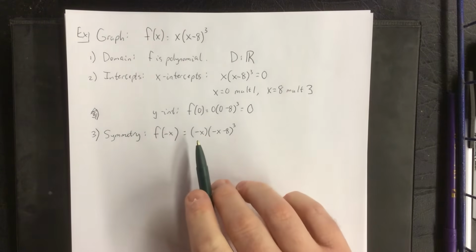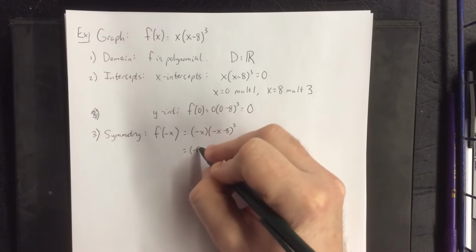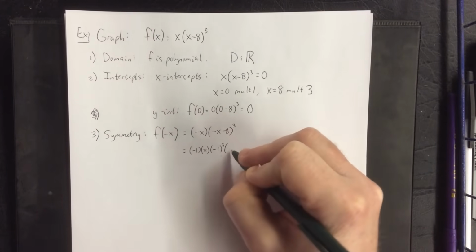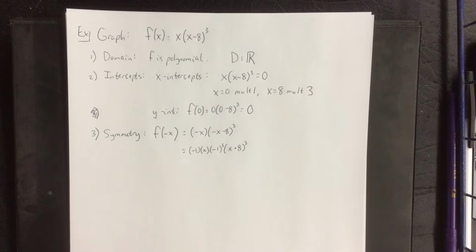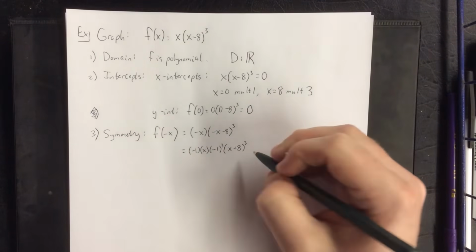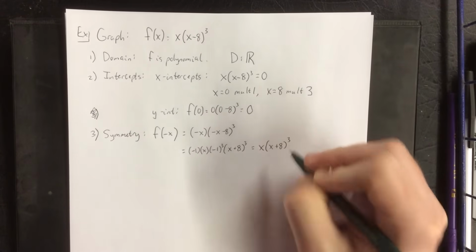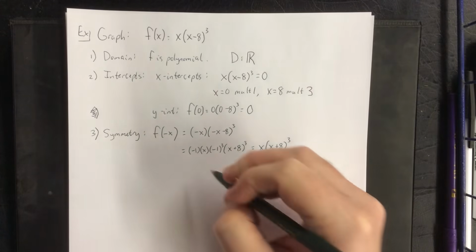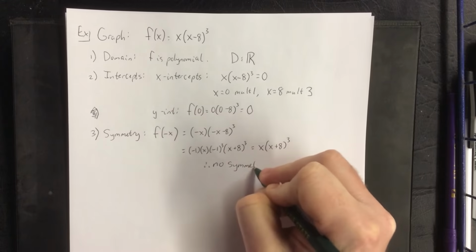Now, if I were to factor a negative 1 from the negative x, negative 1 times x, I could also factor a negative 1 cubed from this term, and it would become (x plus 8) cubed. Now, negative 1 times negative 1 times negative 1 times negative 1 is positive 1, so we wind up with x times (x plus 8) cubed. This is neither the original function, nor is it the negative of the original function, which means that we can conclude that this thing has no symmetry.